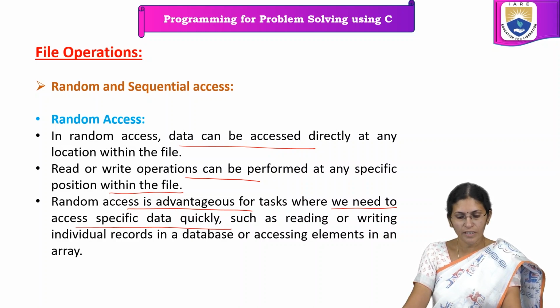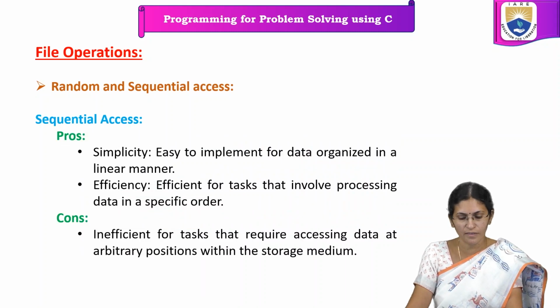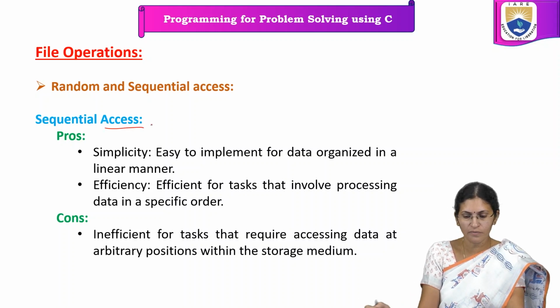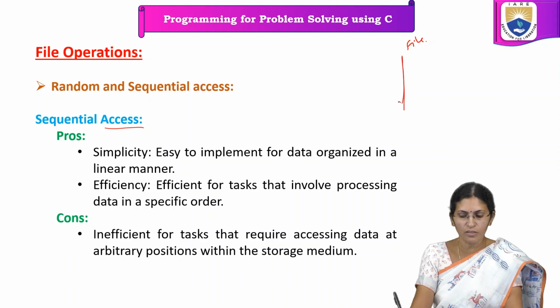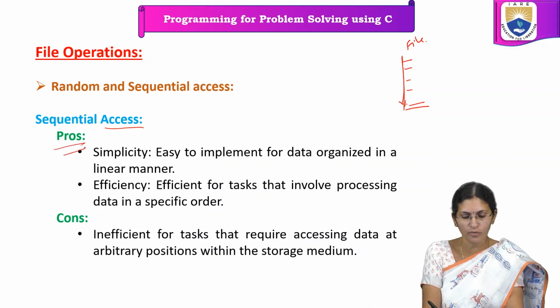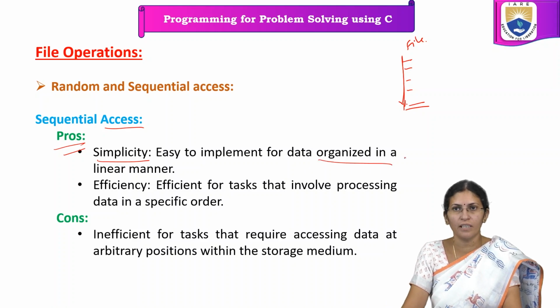Each of these methods has its own advantages and disadvantages. Now we'll see the pros and cons of sequential access. As we know, in sequential access, we need to access the data from the beginning of the file. Suppose this is the file. From the beginning of the file, we need to go to each particular record and then access the data that is required. These are the advantages: it is simple, and it is easy to implement for data organized in a linear manner.